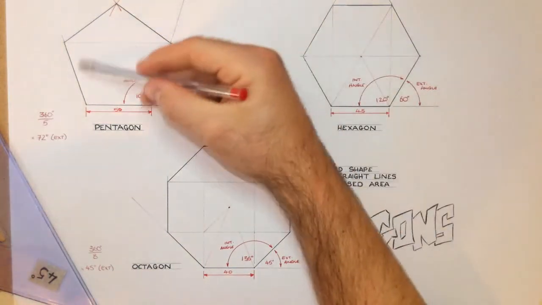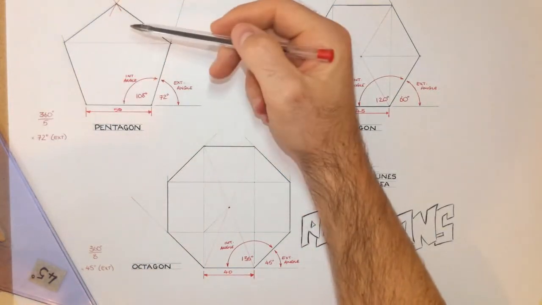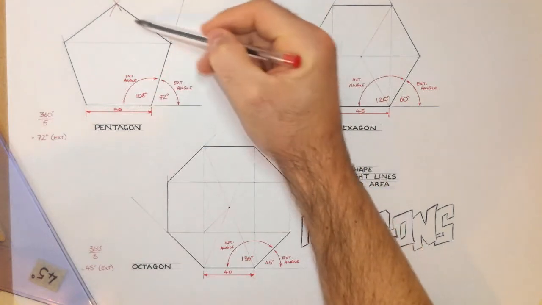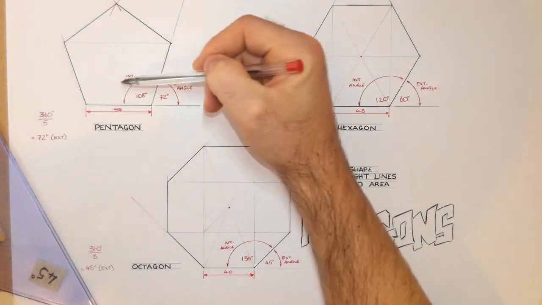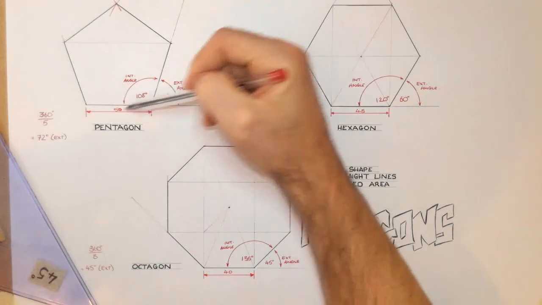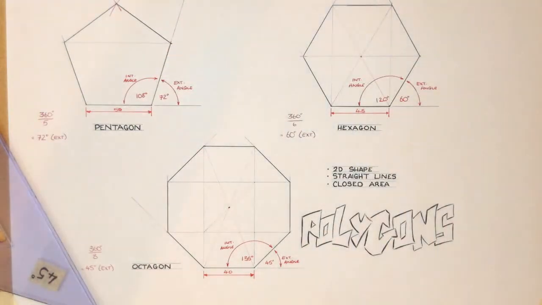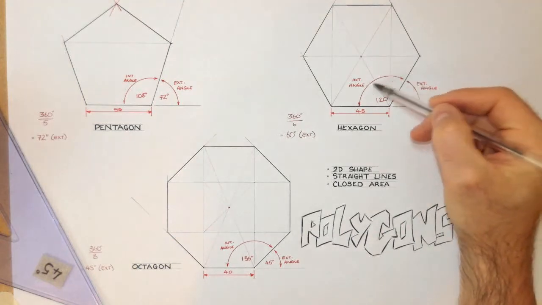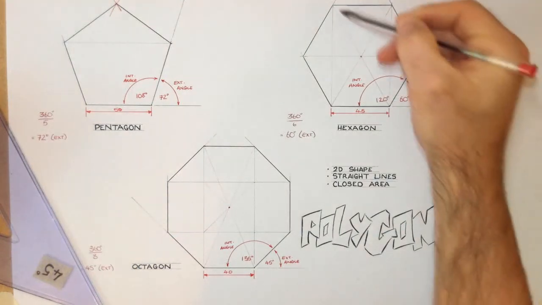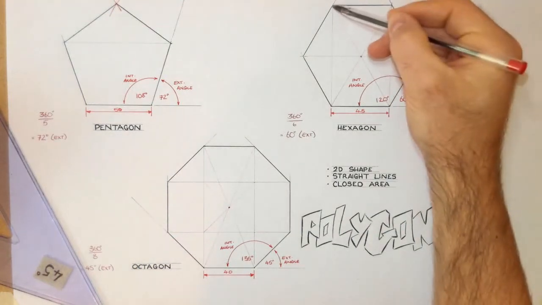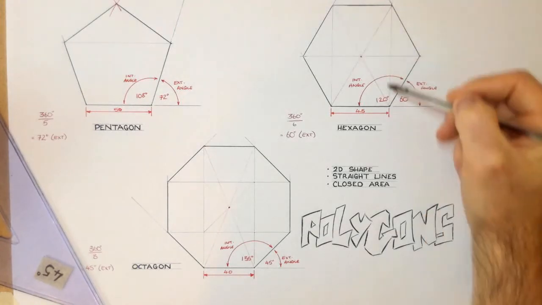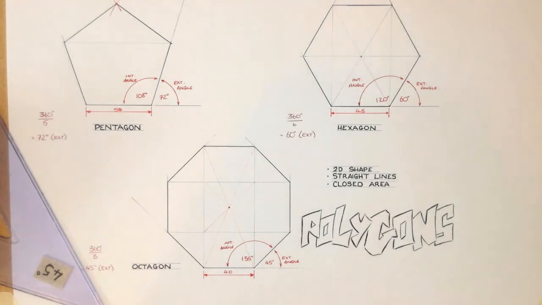Now on the pentagon, how you actually do it is you can either bisect the sides, and where they cross each other, that will give you the center, or bisect the angles. Just on that, what I'm actually doing here is I'm going to bisect the angle. So just to show you there, when I connected the corners, the opposite sides, really because that was 120, I was going at 60 degrees, that was actually helping me bisect the angle.